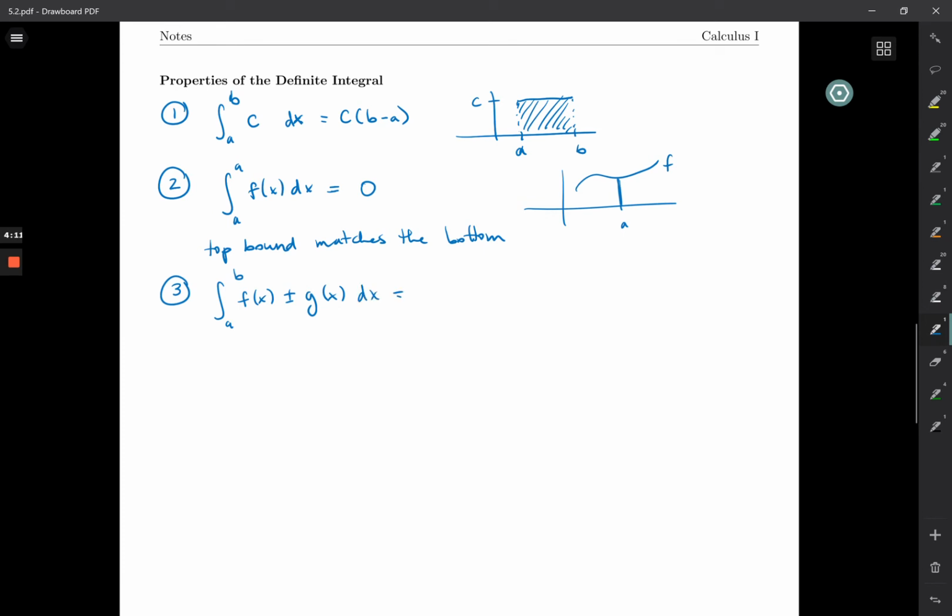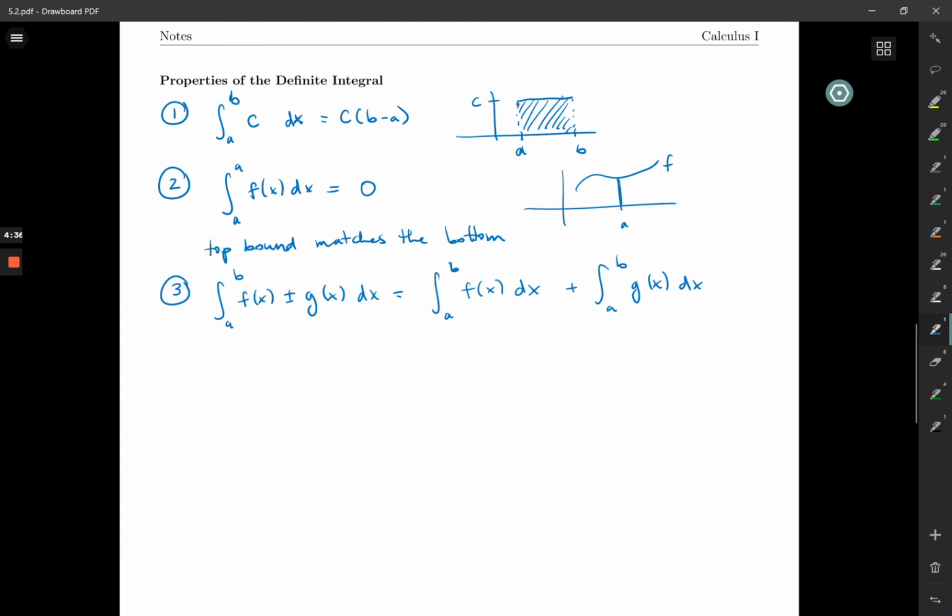So integrals inherit a lot of the properties from sums. They are defined using sums, the Riemann sums. So we do get that this property where the integral of f plus g or the integral of f minus g is equal to the integral of f plus the integral of g.